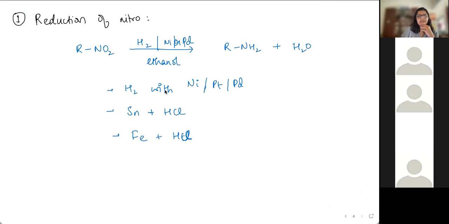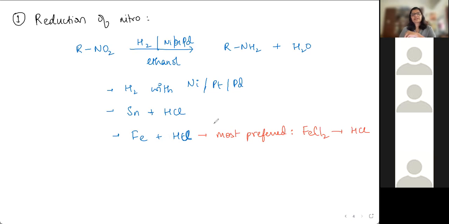So these are catalyzed hydrogenation, or you can use tin in the presence of HCl, or iron in the presence of HCl. Out of these, iron is the most preferred reagent, because when you hydrolyze FeCl2, you get your HCl back.